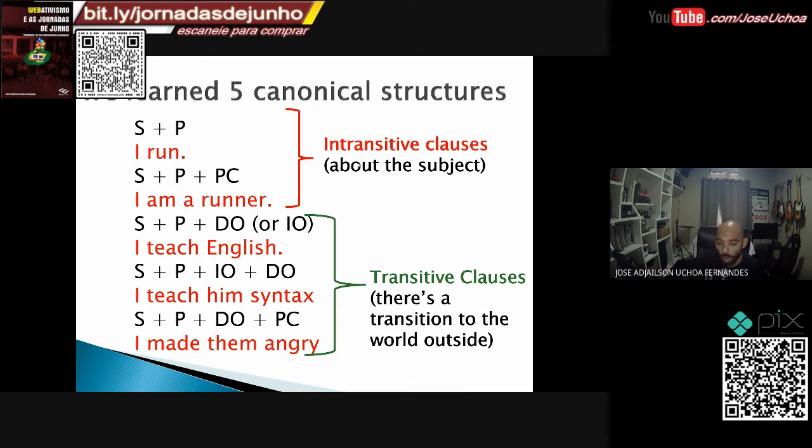Okay? Or I love her. I love him. So her, him, they are outside me. Okay? Apesar de algumas pessoas acharem que não, but it's outside. Transitive verbs imply a relationship with something external to the subject. And intransitive clauses are the subject with itself.